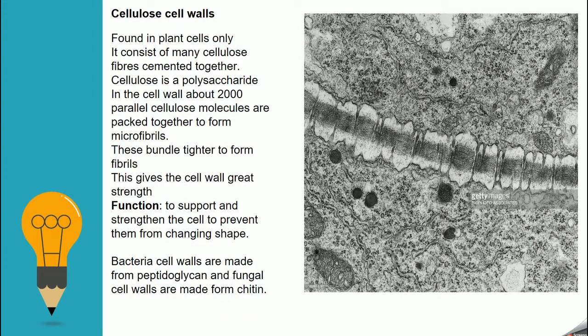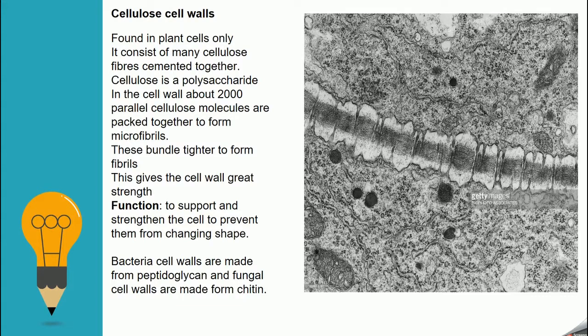Now cell walls. Now cellulose cell walls are found in plant cells, and they consist of many cellulose fibers cemented together. So cellulose is a polysaccharide made of beta-glucose, and in the cell wall about 2,000 parallel cellulose molecules are packed together to form microfibrils. Now you'll learn more about these polysaccharides in biochemistry, so if you don't understand it now, don't worry, you will find more about it later on in the videos.